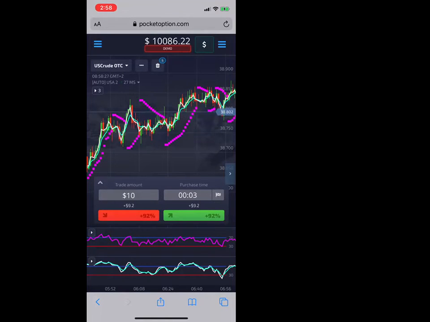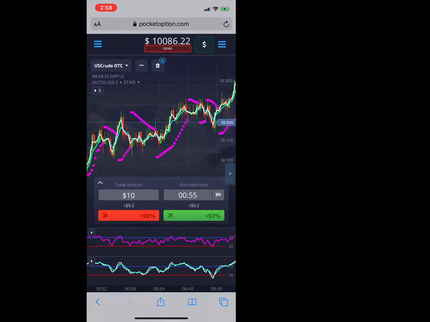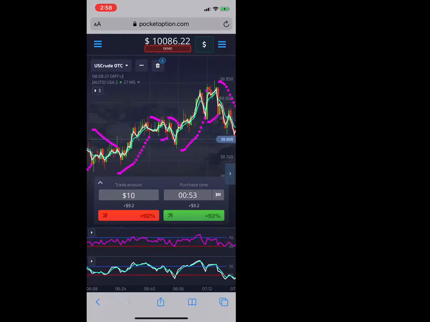On the 1 minute, that's where we actually place a trade. And on the 2 and 5 minute, that's how we trap the market.